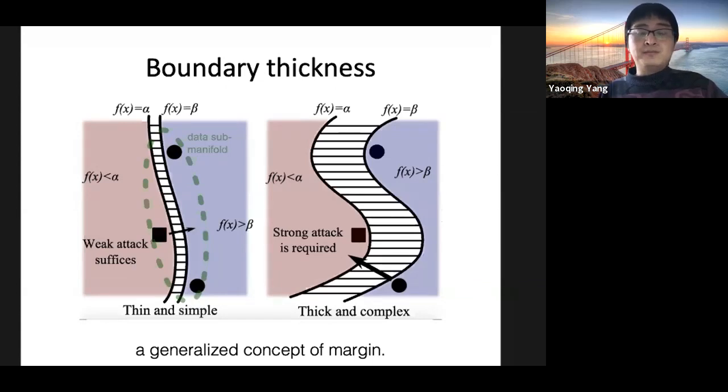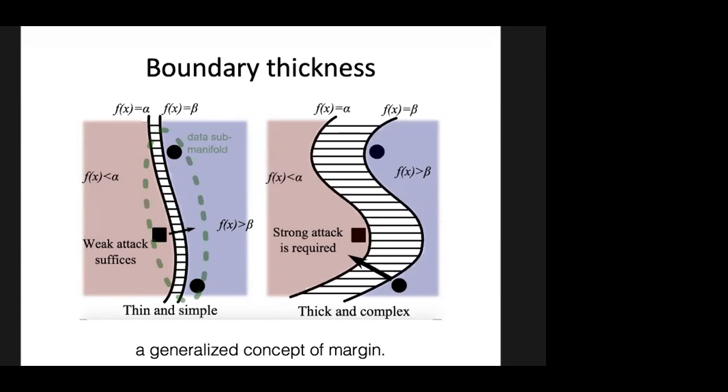When the point lies between the two level sets, f(x) equals alpha and f(x) equals beta, you will have a prediction, of course, but we're trying to show that you can actually measure the distance between the two level sets and then use that to measure robustness. Okay.